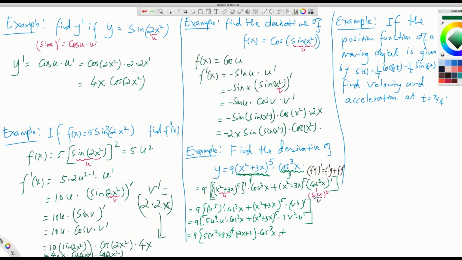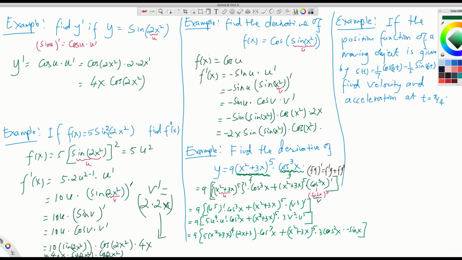And then plus (x squared plus 3x) to the 5, right? And then times 3. V is cosine x, because cosine x is v. So cosine squared x. Basically this is cosine x squared times the derivative of cosine x, which is negative sine x, and there is a bracket.